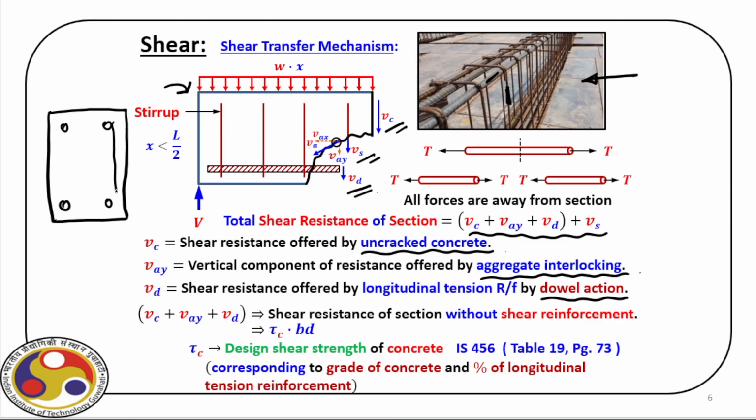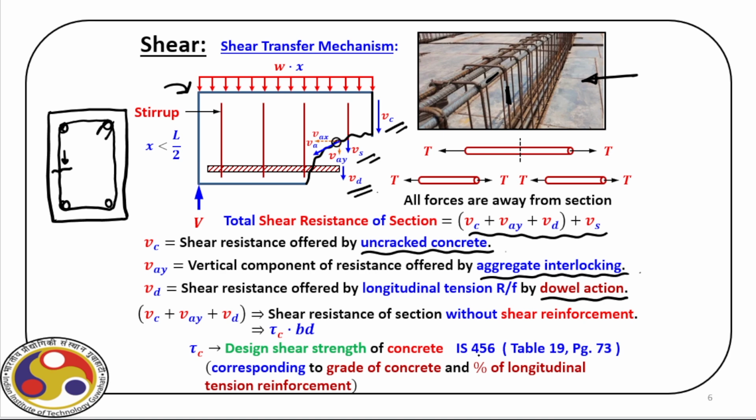Then we have stirrups going all the way, and that actually provides this rectangular geometry. So it holds the longitudinal bars, and at the same time, if we take a cross section here, it provides some shear resistance, and that is shown by Vs.